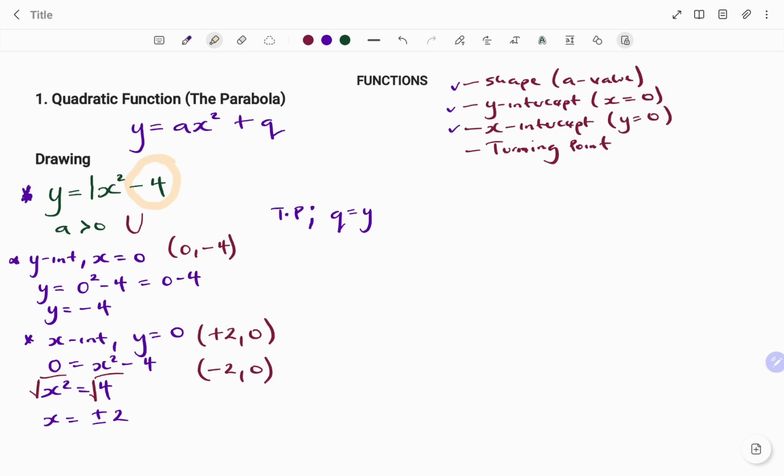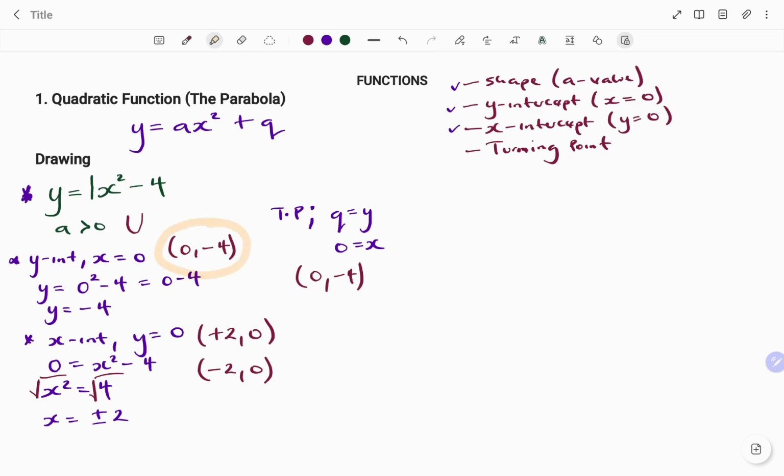It hasn't shifted to the left or to the right. So therefore, the value of my y is Q and my x will be equal to 0. What that means is the coordinates of my turning point will be x is 0 and y is Q, which is negative 4.